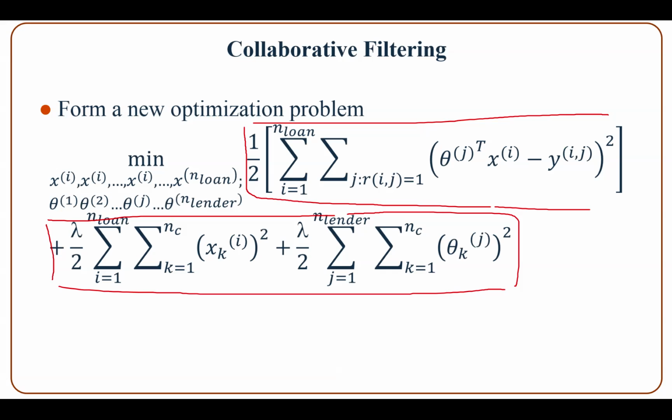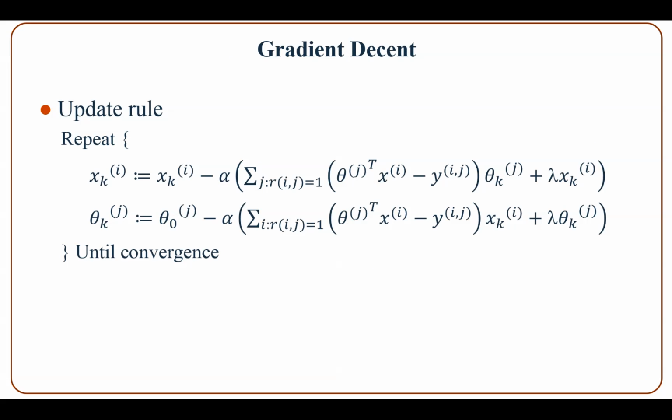And here we find the features as well as the preference altogether. From here we calculate the gradient to form the update rule for the gradient descent algorithm. The first rule is for updating xki, and the second rule is for updating theta kj.